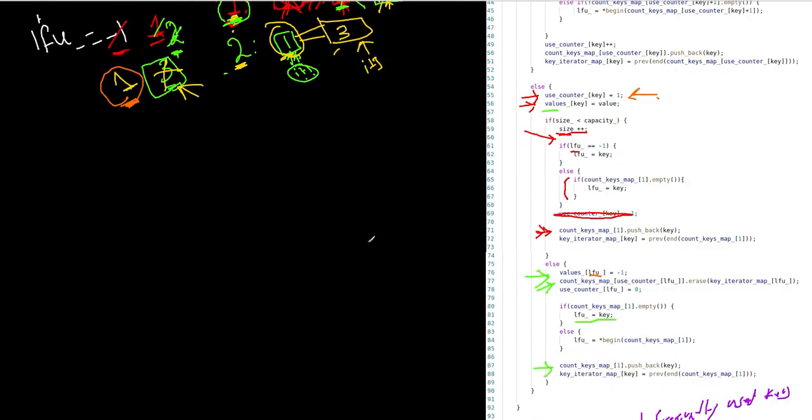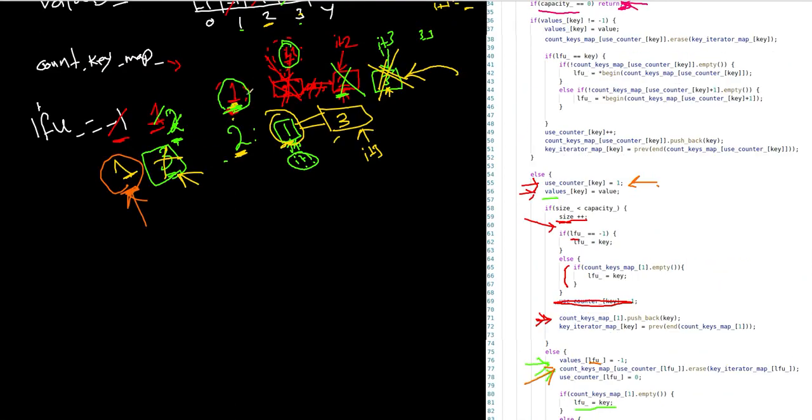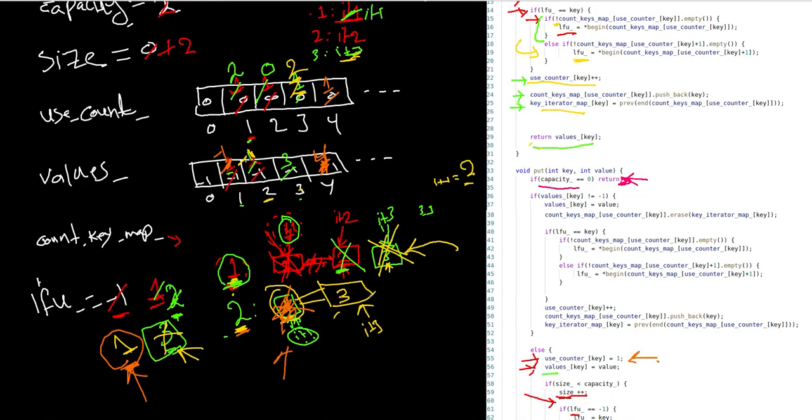Then we need to remove this one from the linked list, so we have it here. So we remove this one and the linked list becomes only 3, and use counter of the least frequently used is 0.